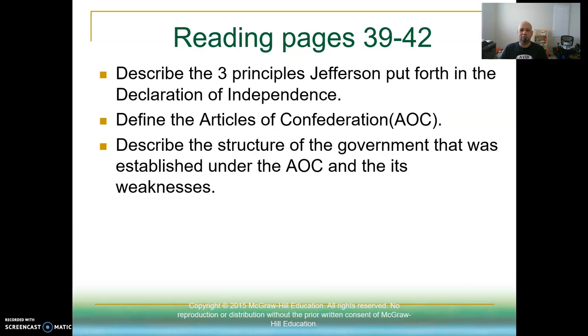We had the Confederated States of America, and it was a different government. It operated differently than what we have today. It's important to understand there was a little window where we were not the United States of America, and it's important to understand what the Articles of Confederation were, what it was supposed to do, and what ended up happening because there were some weaknesses, and it didn't end up working.